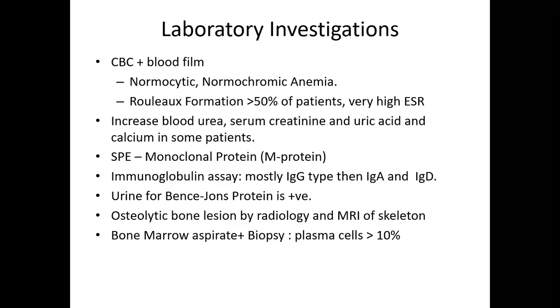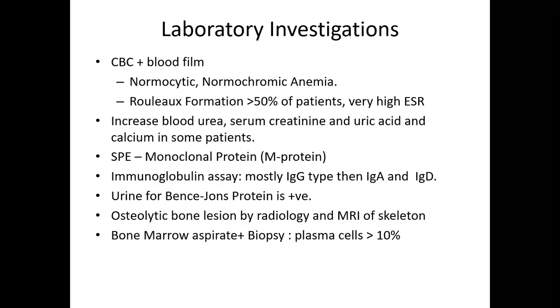and calcium in some patients. In the serum protein electrophoresis, we may find what is called monoclonal protein or M protein. This is an abnormal immunoglobulin, mostly IgG, but could be IgA or IgD.